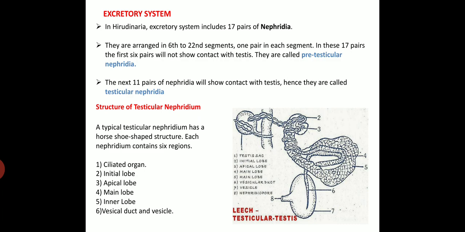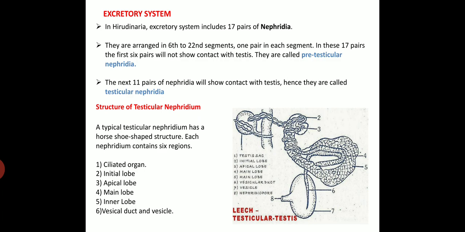Next it is the excretory system of the leech. In Hirudinea, the excretory system includes 17 pairs of nephridia. They are arranged in the 6th to 22nd segments, one pair in each segment.